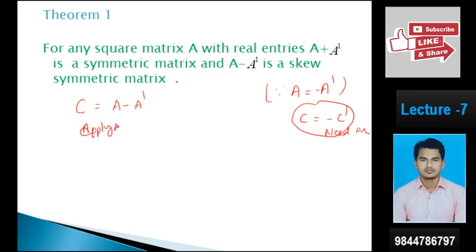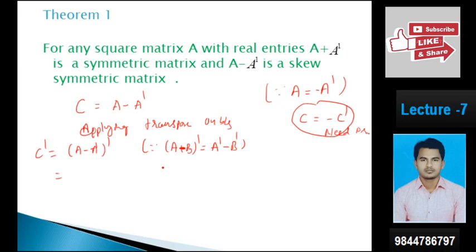Again what we have to do? Applying transpose on both sides, C dash is equal to (A minus A dash) whole dash. Again we know the property, (A minus B) whole dash is equal to A dash minus B dash.